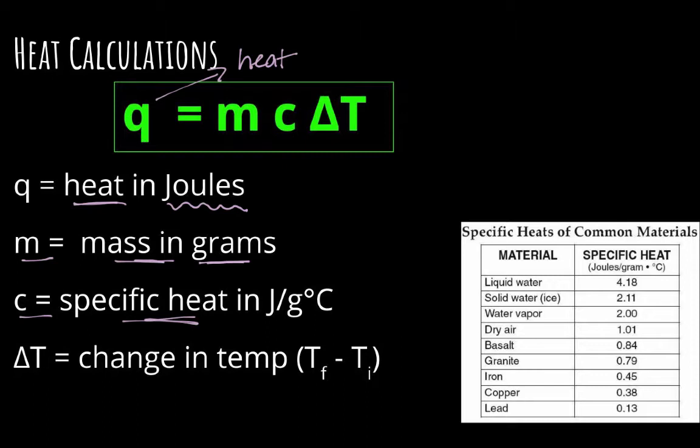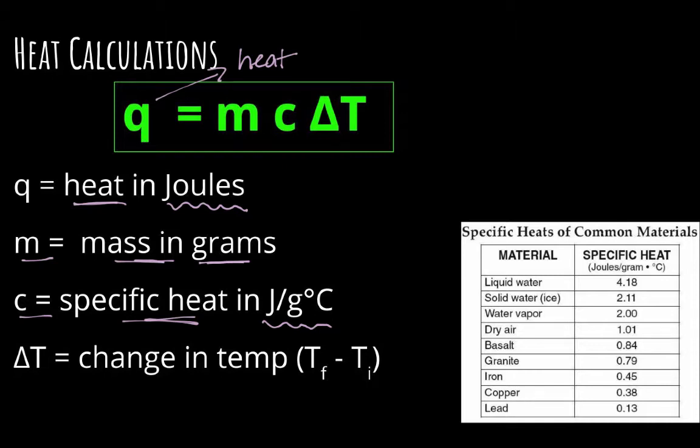Specific heat, we talked about yesterday, is the amount of heat required to change 1 gram of a substance by 1 degree Celsius. So it's how much heat is necessary for 1 gram of whatever that substance is to increase its temperature by 1 degree. When you look up specific heat values online, there are a lot of different tables with different units.